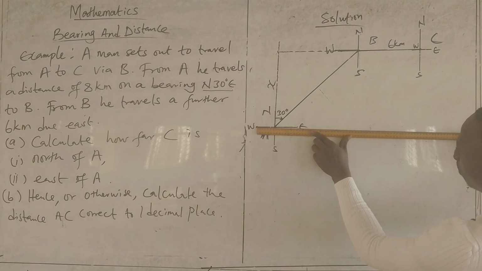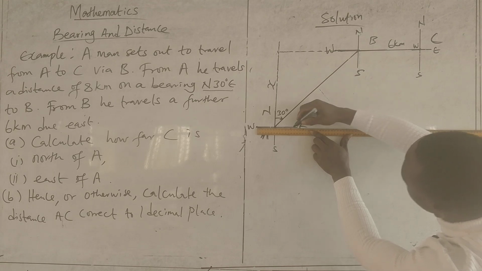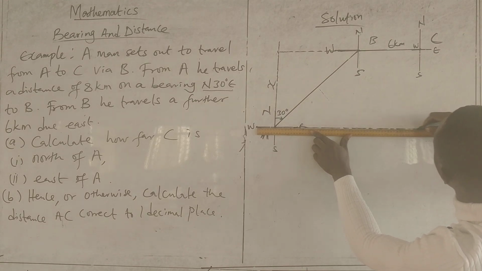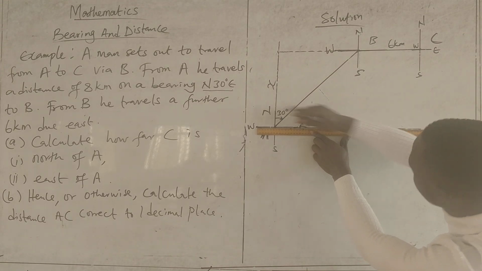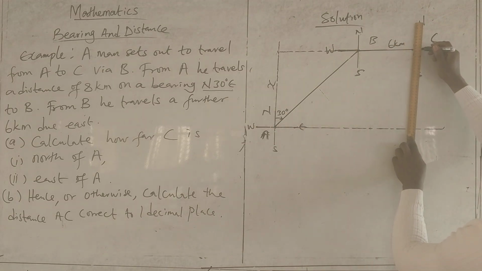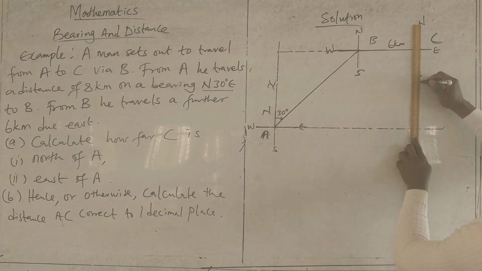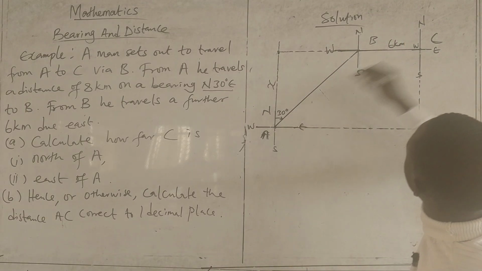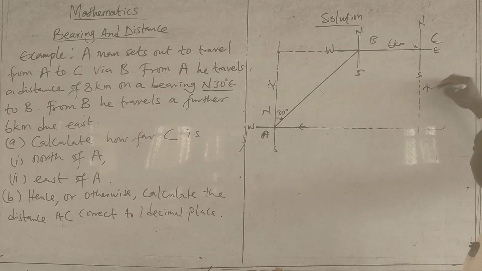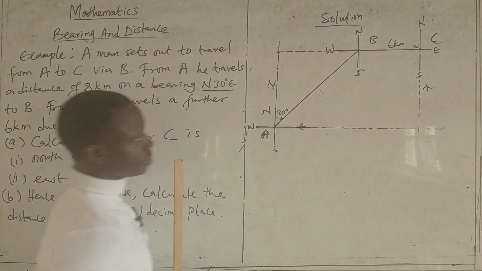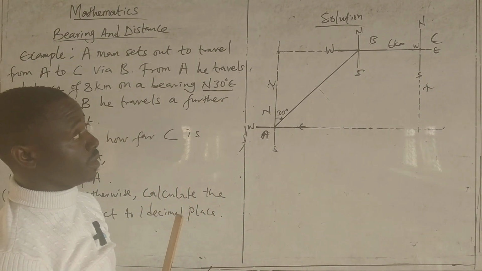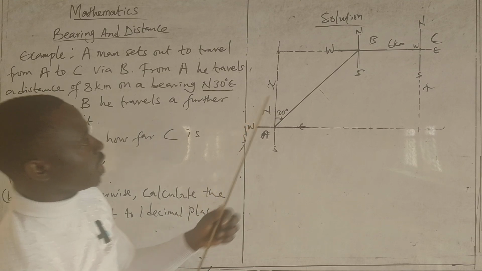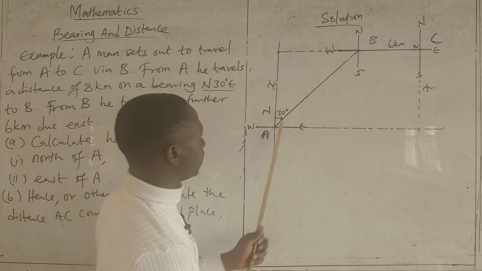You can also complete here if you want to. You can also produce from point A here, then join C. Draw it southward, downward. So that this X from here to here is the same as from here to here. X. So you can use any of that. Can you see the sketch here? Now what it means is that we need this line here.